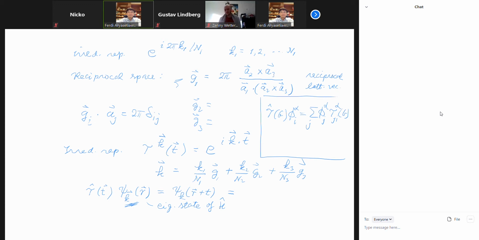Now this representation is one-dimensional. It's just this number here. So then this is equal to psi_k times e to the i k dot t, like this. This is the Bloch theorem.